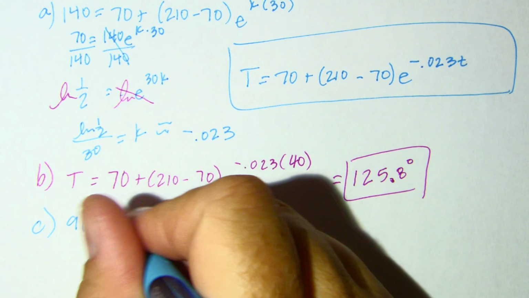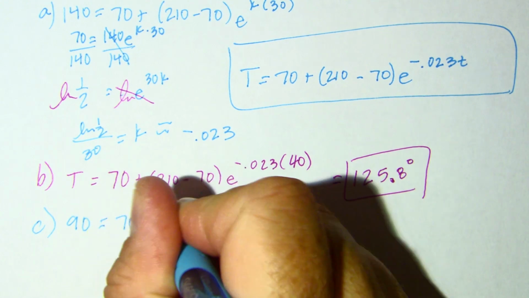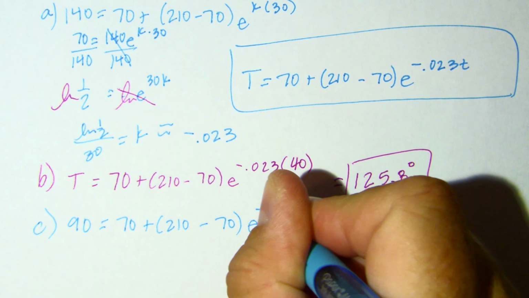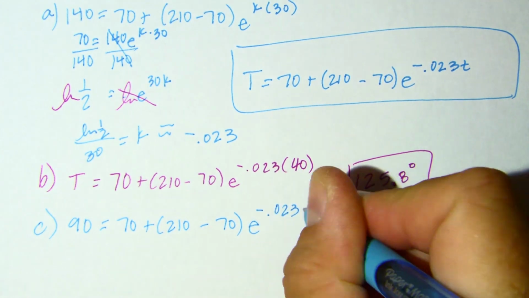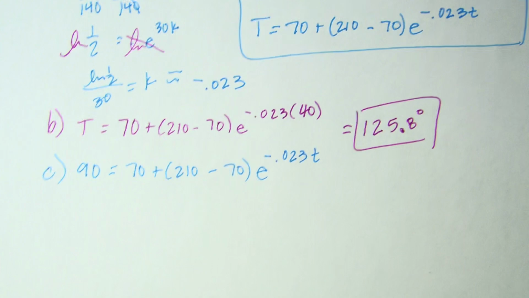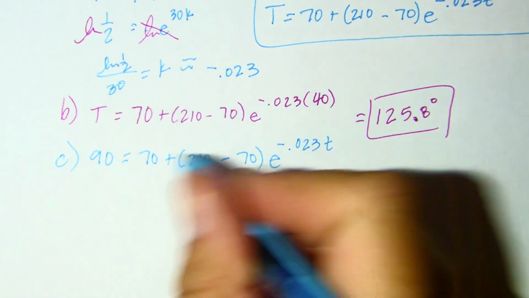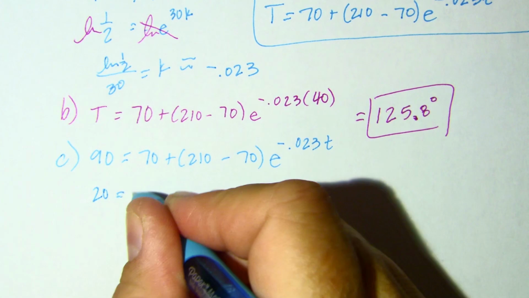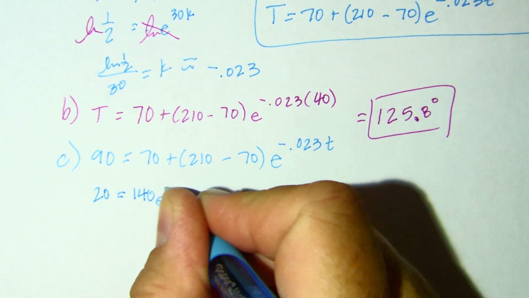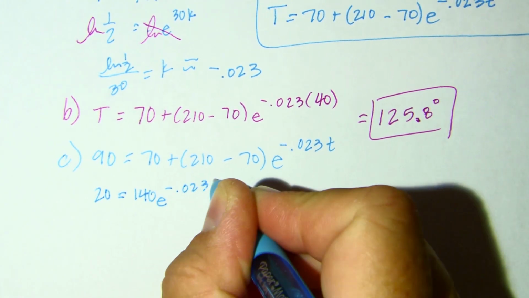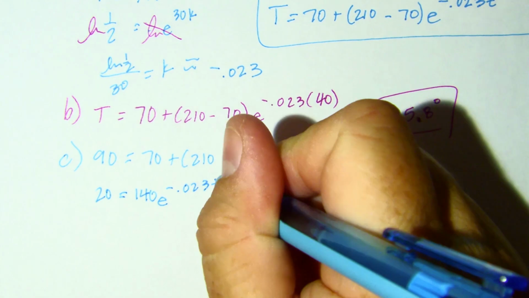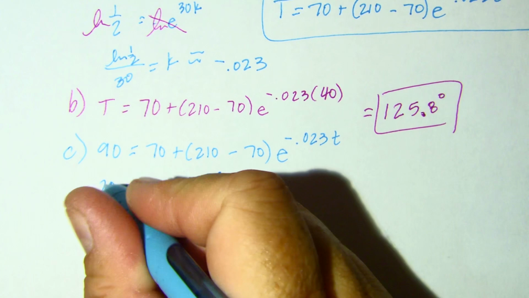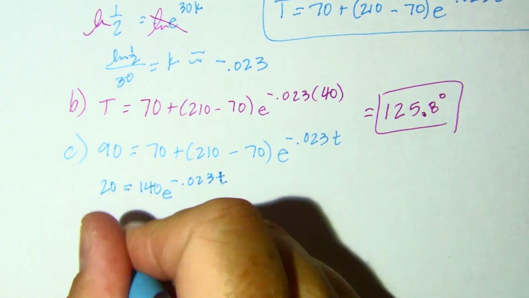So we have 90 equals 70 plus 210 minus 70 e to the negative 0.023 t power. I can condense these two. I can subtract 70, and I get 20 is equal to 140 e to the negative 0.023 t power. And then I can divide by 140 on both sides. 20 divided by 140 is 1/7.